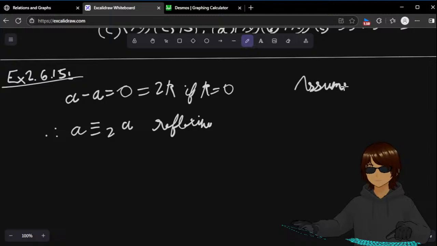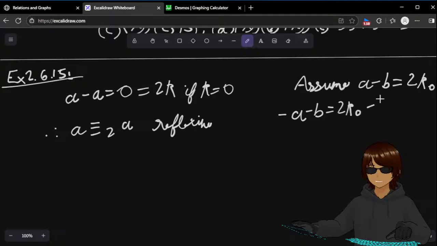Assume A minus B is equal to 2k naught. Then A minus B is equal to 2k naught minus 2a, right?